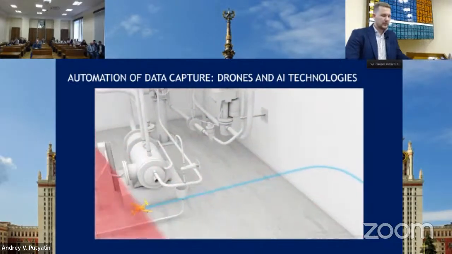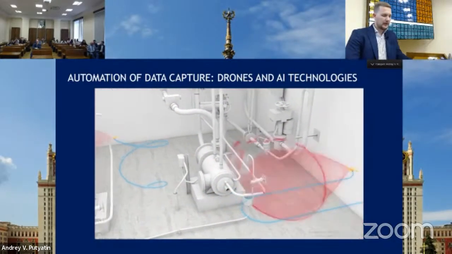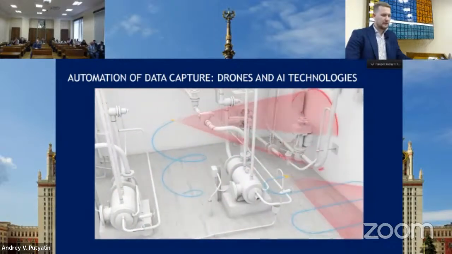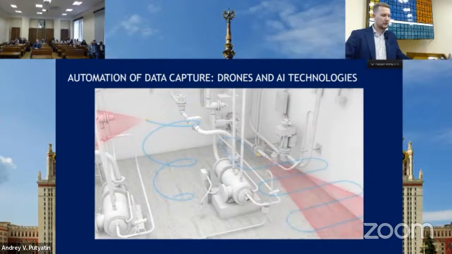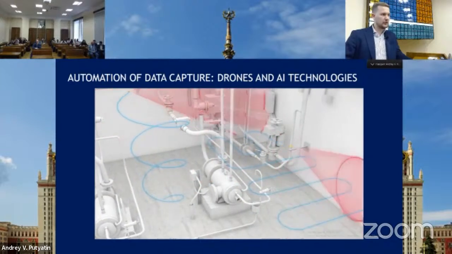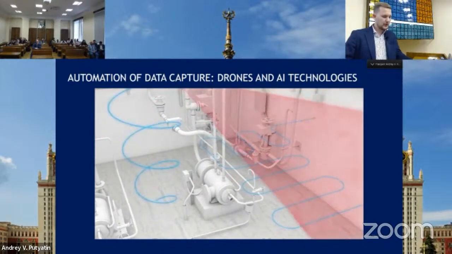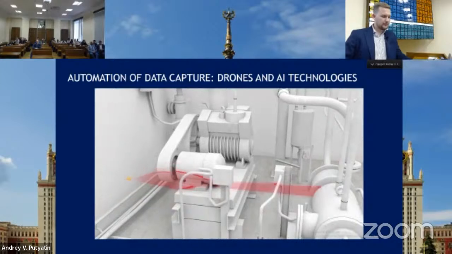Drones equipped with laser scanners fly and scan the target area to obtain the point clouds, which then are used for building the BIM model using artificial intelligence algorithms and tools for point cloud recognition.